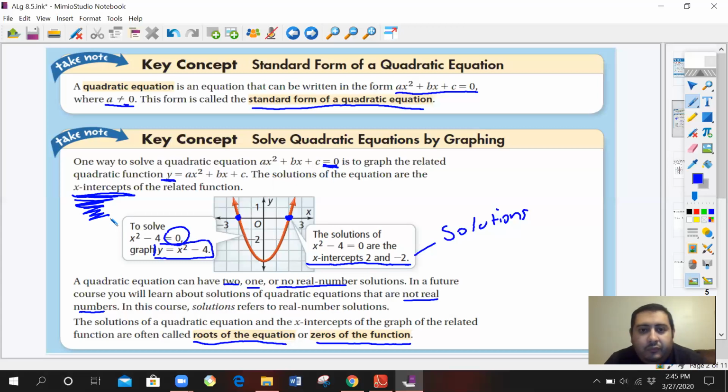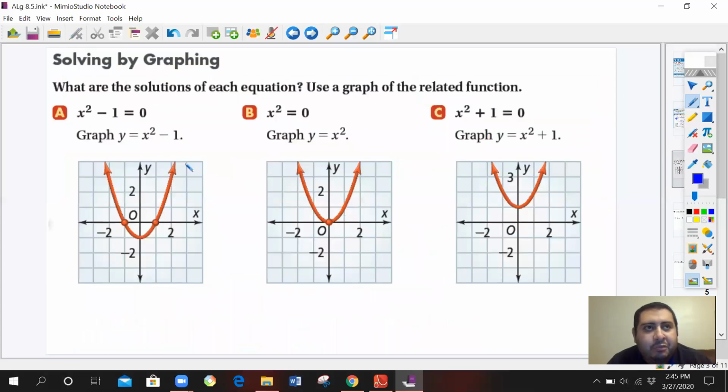Okay, let's go ahead and go over some practice problems. Like I mentioned, the question asks what the solutions are, which means you have to find the x-intercepts of the parabola. We need to use a graph for this situation as well.